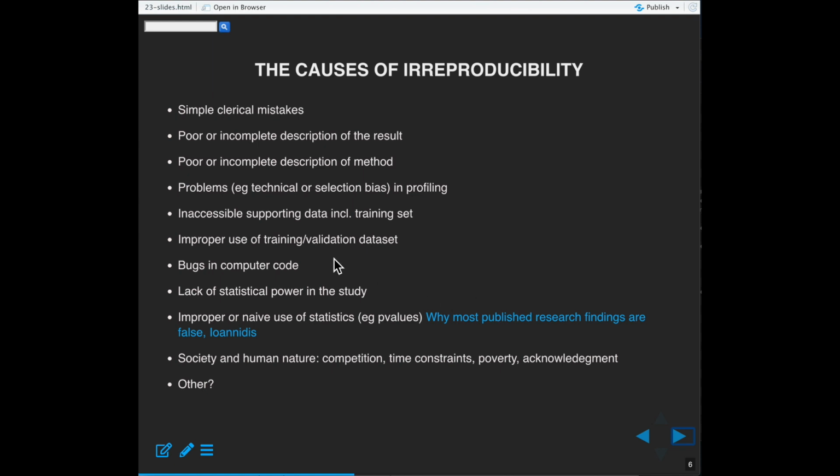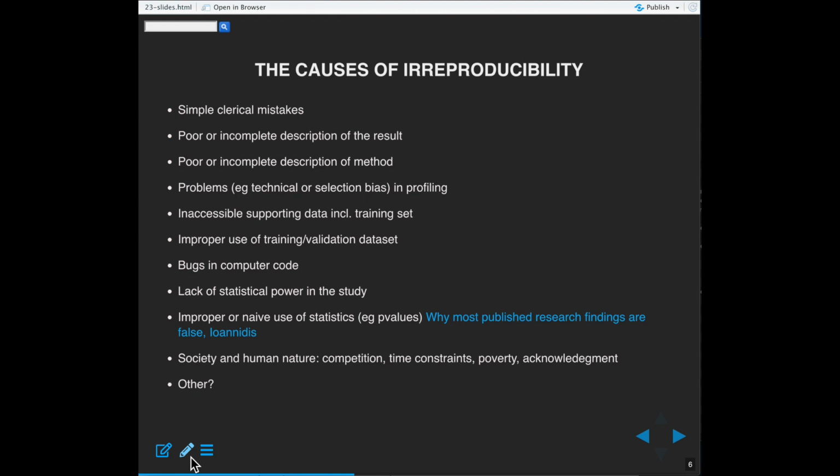Other problems is that, for example, as you guys now fully understand, you can have bugs in your code, right? You guys should understand fully that even small programs can be difficult to write, and they can contain subtle errors that you won't notice, and that will just influence your results.